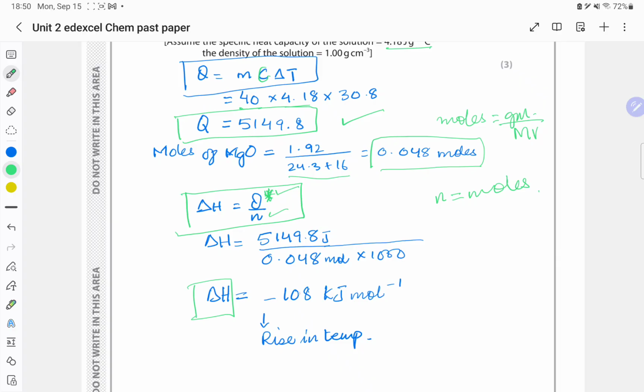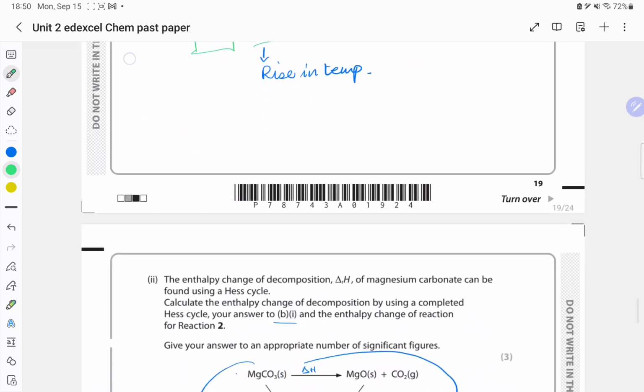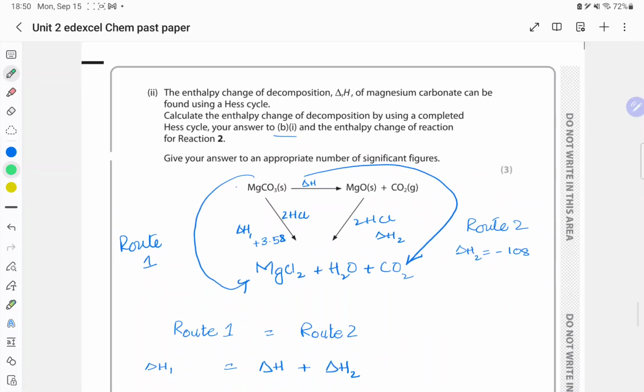Because we already know that there's a rise in the temperature, it's going to be a negative sign. Now moving on to Hess's law. It's not the next question, it's the same question but part 2. The enthalpy change of decomposition of magnesium carbonate can be found using a Hess cycle.